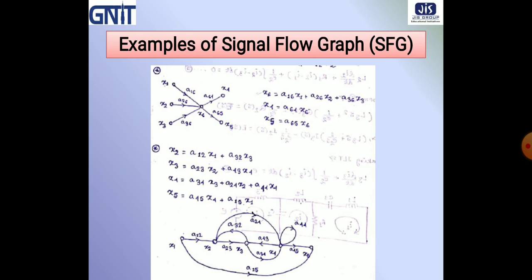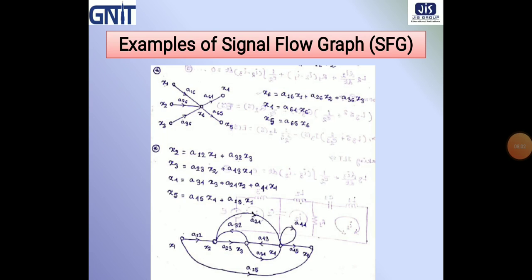So a32 into x3. a32 means signal is coming from node 3 to node 2. So the multiplication of a12 into x1 plus a32 into x3 will be the value of x2.